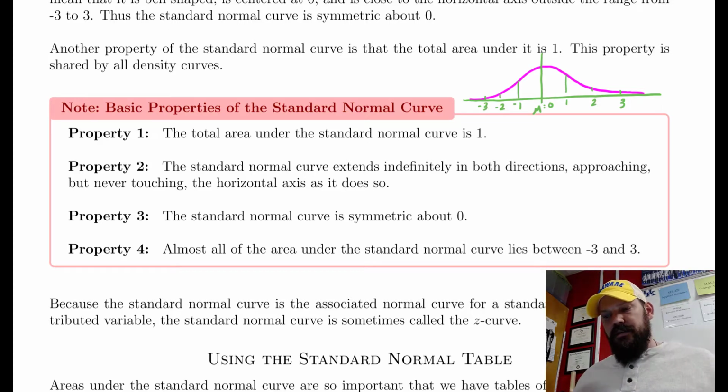In between -3 and +3 standard deviations, that encompasses roughly, actually slightly more than 99% of all of the data that we would be evaluating. And we'll talk about that, I believe, in the next set of notes when we talk about a special rule that deals with the specific standard deviations.